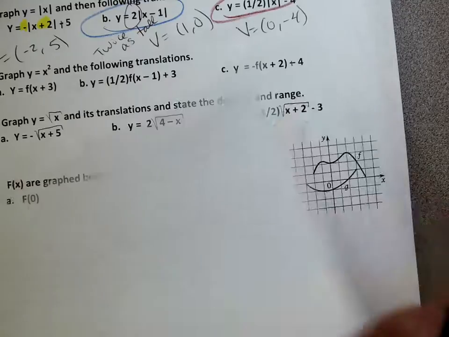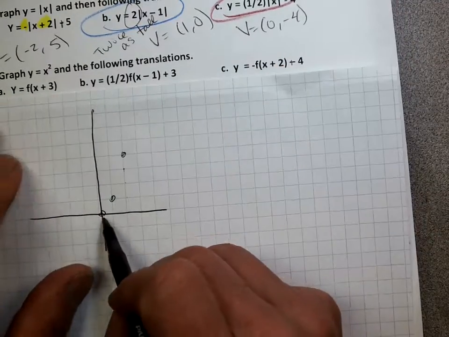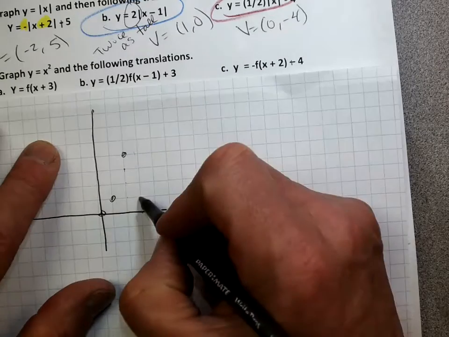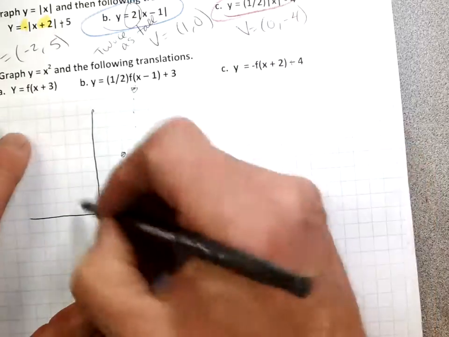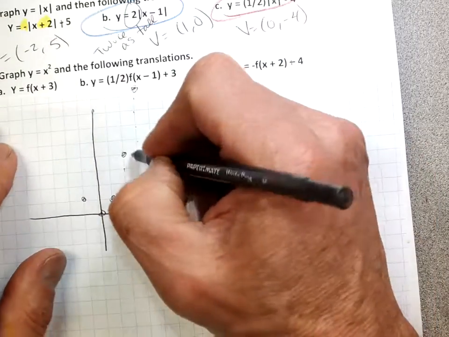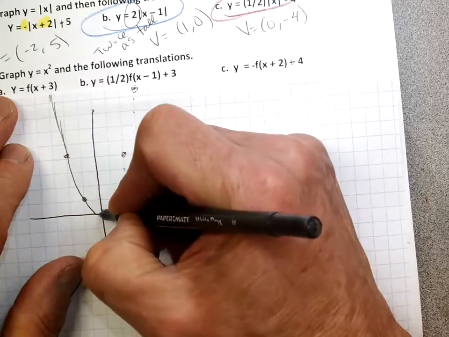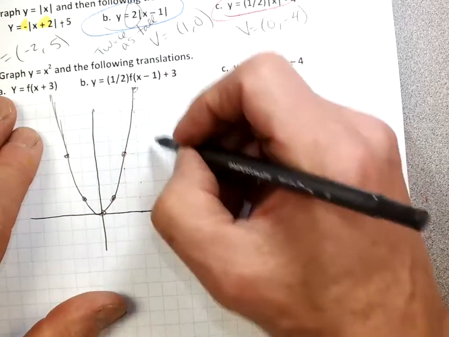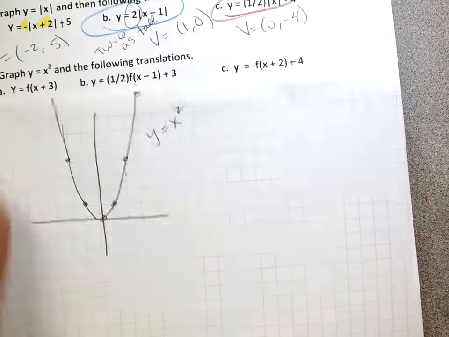Okay, back to the parent function: 1, 1, 2, 4, 3, 1, 2, 3, 4, 5, 6, 7, 8, 9. And of course we'll go the other side because it's symmetrical. There's my parent function. It's a parabola, it's curvy. So this is my y equals x squared.